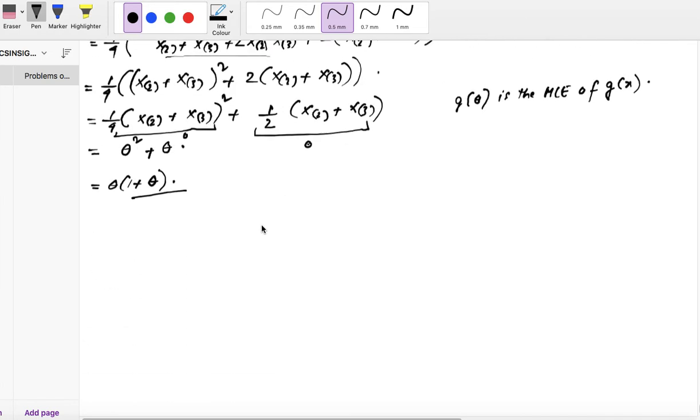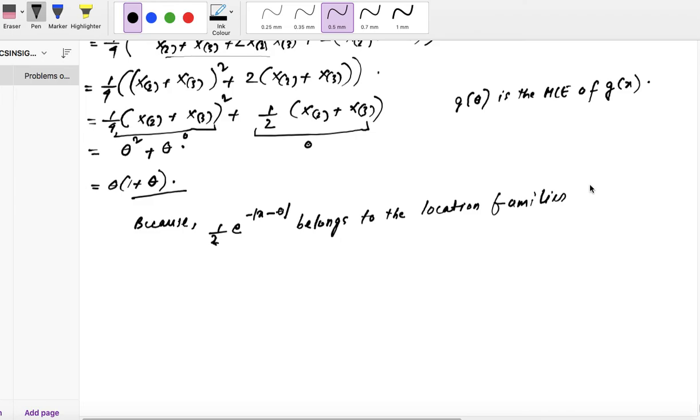Yes, it is possible because 1 by 2 exponential of minus |x minus theta| belongs to the location families, having the form of the PDF as f of x minus theta.